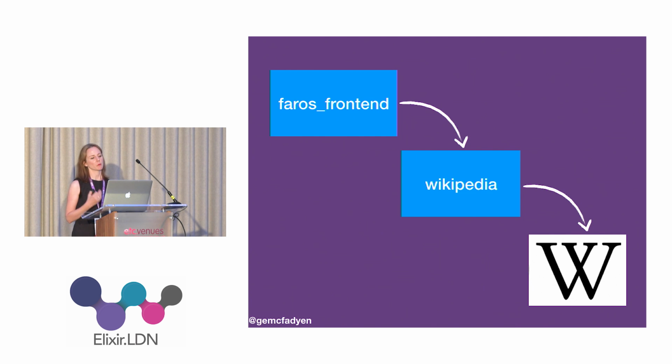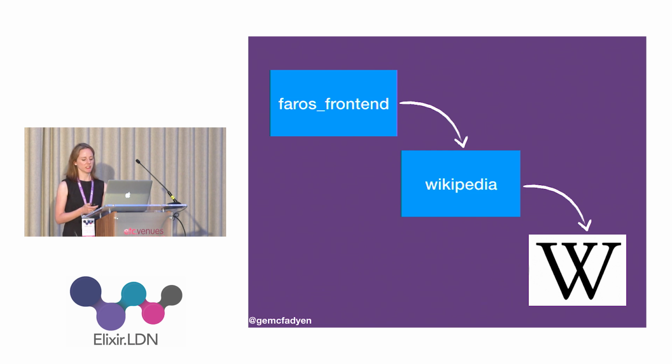We found this a bit difficult when tests started failing, because with this scenario, if Wikipedia had a blip, which it did have a few times, the Wikipedia test would start failing, but also our web test would start failing, and then you're on a bit of a chase as to where the problem lies. It wasn't too focused. So we wanted to rein in that path a little bit.